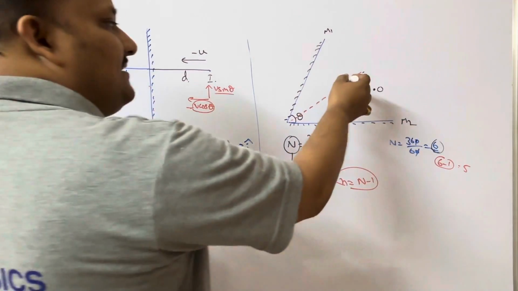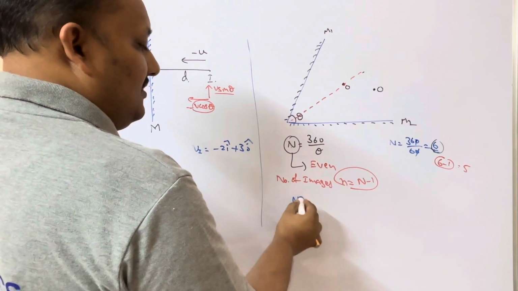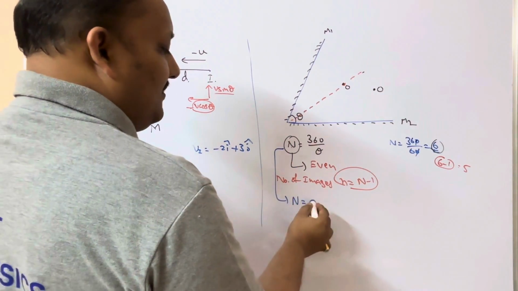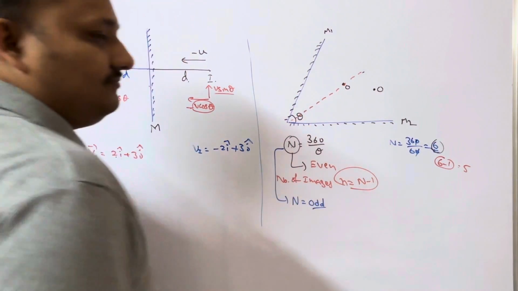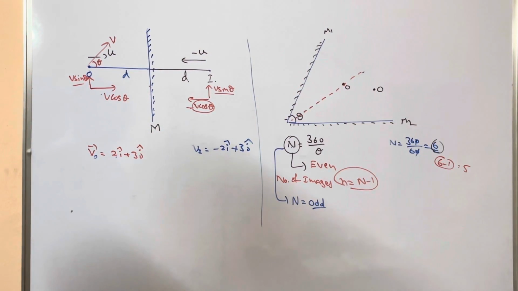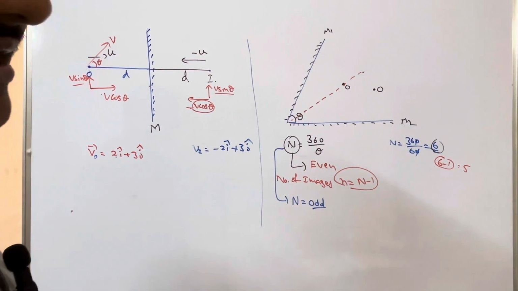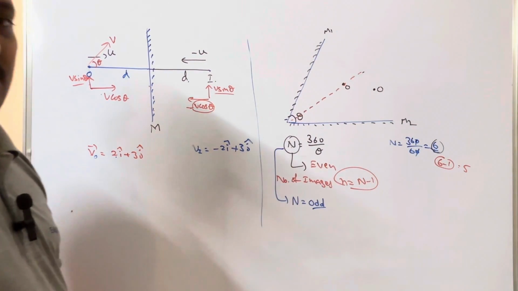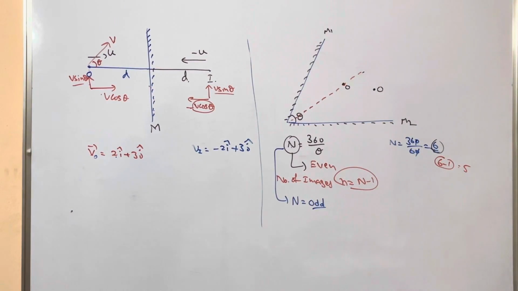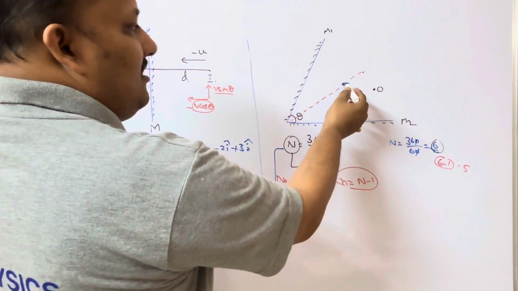Next, whether the object is exactly on the bisector or not on the bisector. If you got an odd number for N, then see whether the object is on the bisector or not.